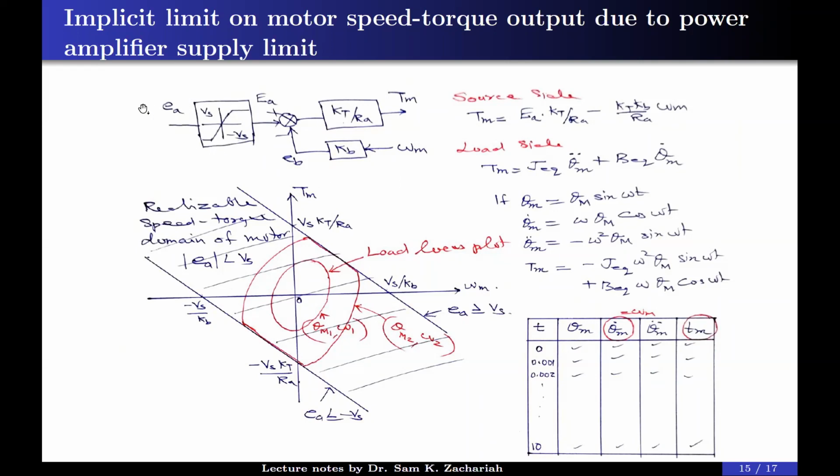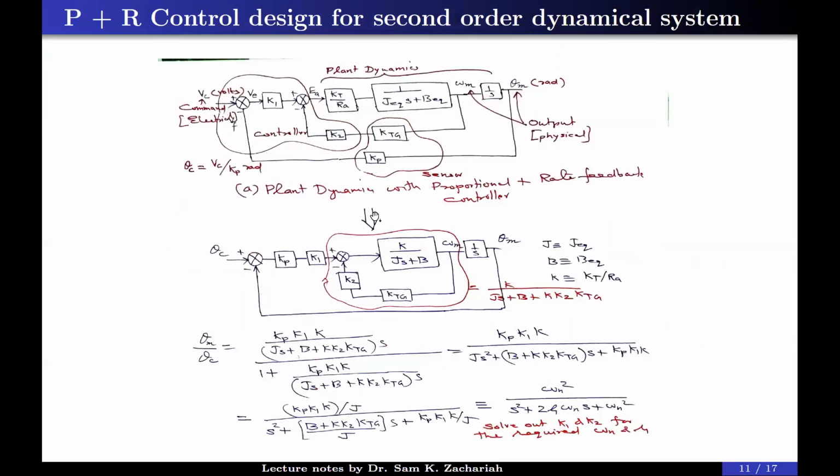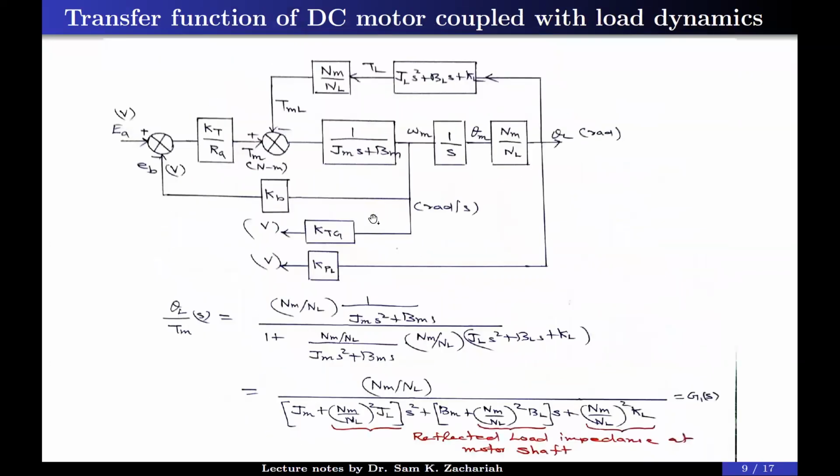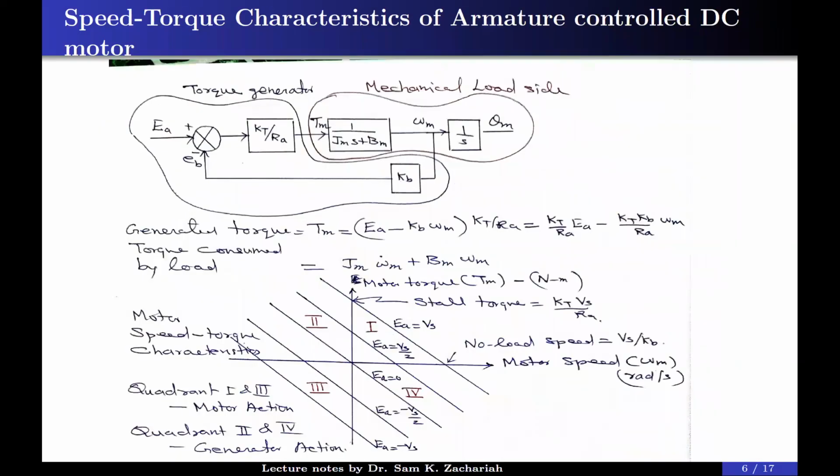Then in an armature controlled circuit, we have already studied. Let me go to the previous. Yeah, here only we have studied armature controlled motor characteristics. We are applying EA here, then back EMF, then KT by R. But this EA is the voltage applied across the armature winding.